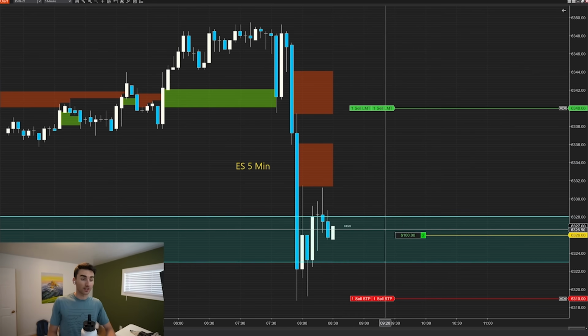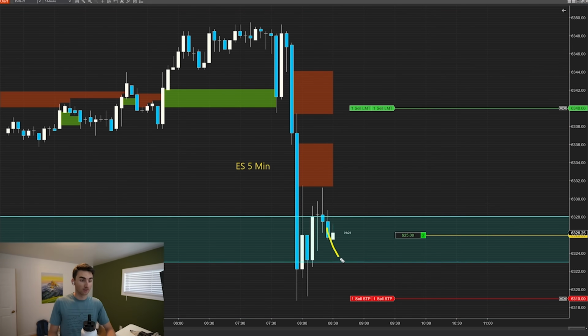And then if I got out at break even and I saw a bullish candlestick form right here, I'd be like, oh, I wish I was in that, because it set up a very clean double bottom on a 5 minute.